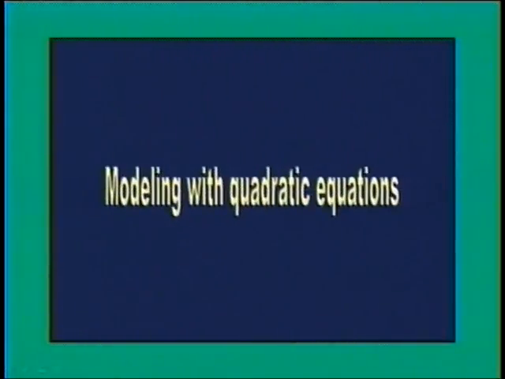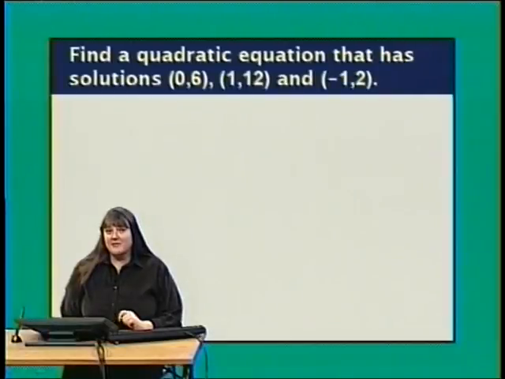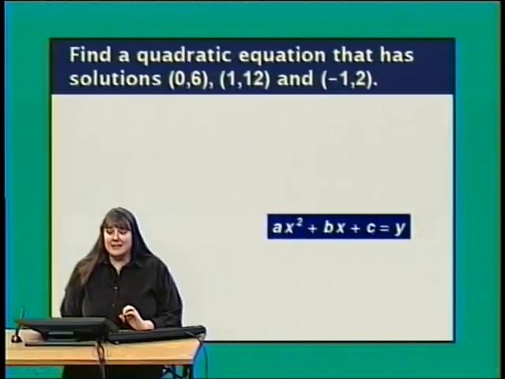So let's do some modeling. Let's find a quadratic equation that has solutions (0, 6), (1, 12), and (-1, 2). Remember the standard form of a quadratic equation, ax squared plus bx plus c equals y. Well, I have 3 solutions for a quadratic equation, and so I can actually come up with 3 equations.